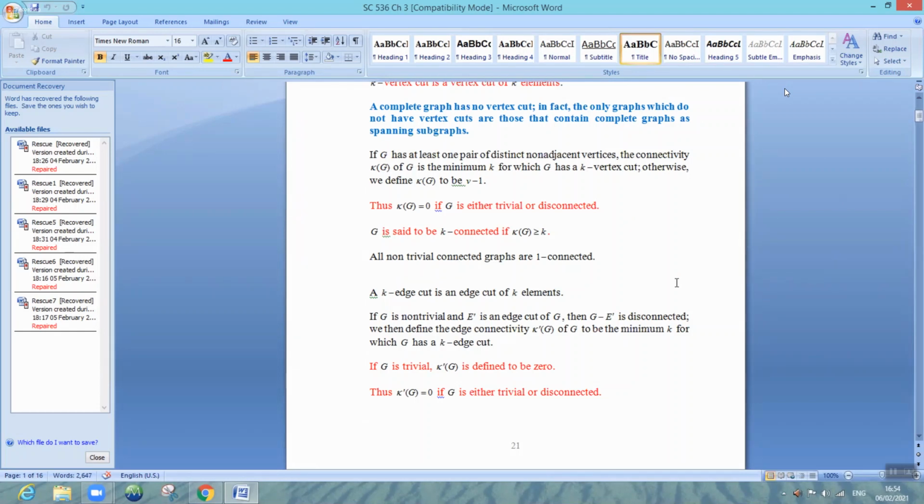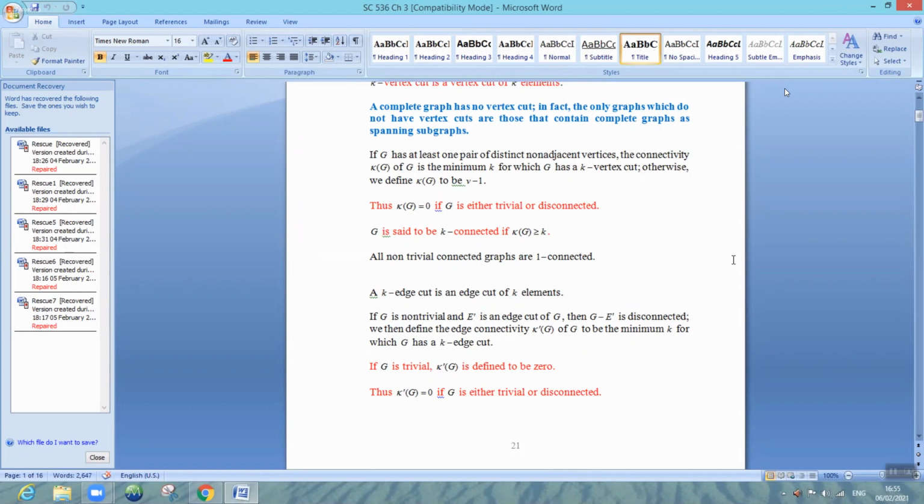If you take a null graph, say on 6 vertices without edges, then κ(G) is 0. We don't have to remove any vertices. It is disconnected. And the graph is said to be k-connected if the connectivity is at least k, meaning to disconnect, you have to remove at least k vertices.